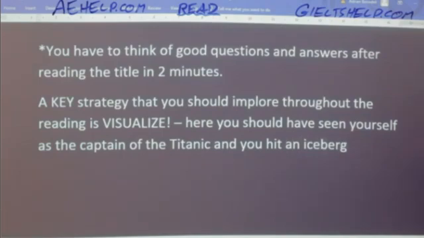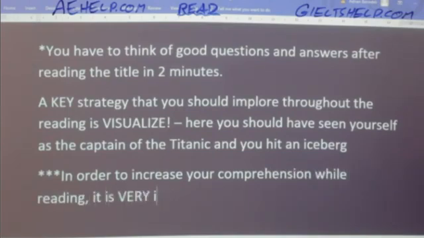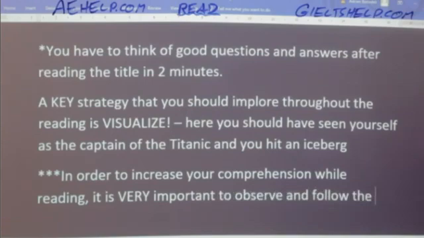So in order to increase your comprehension while reading, it is very important to observe and follow the rules of punctuation.